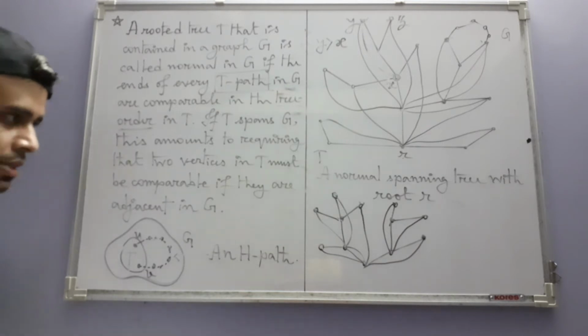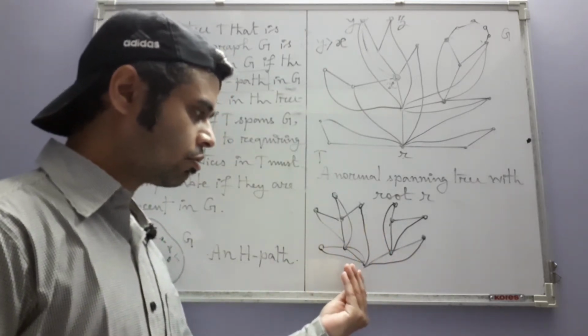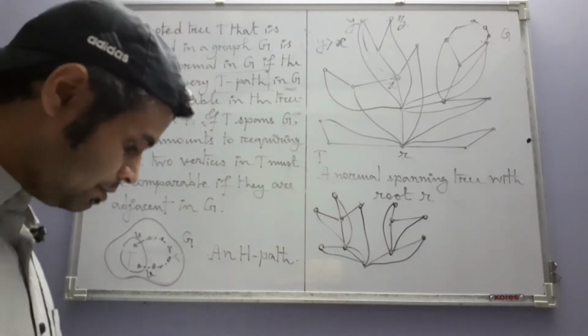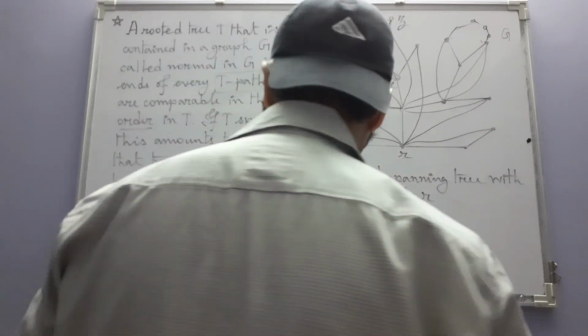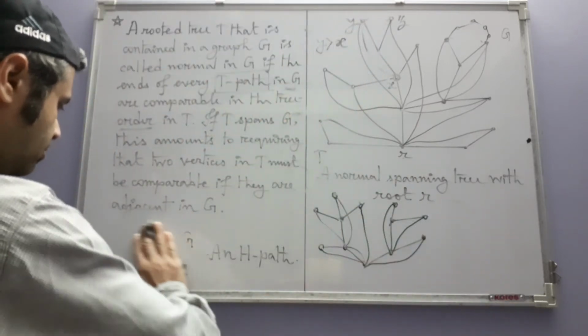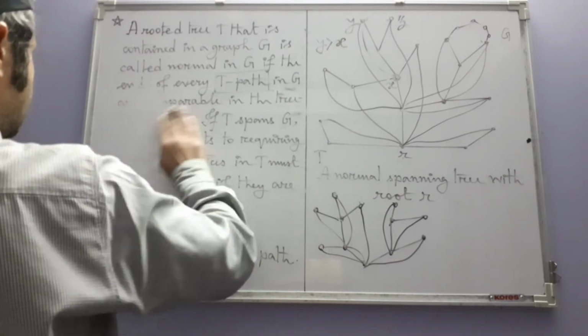Now this fact that a graph grows like a normal tree in it can be used to gain insights about the graph itself. So we are now going to see a result.